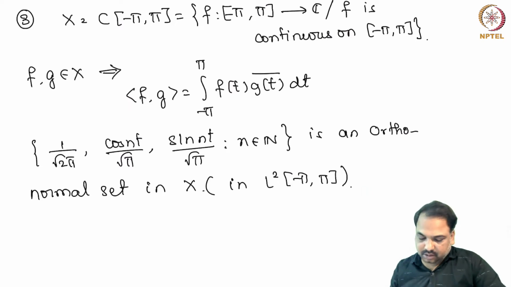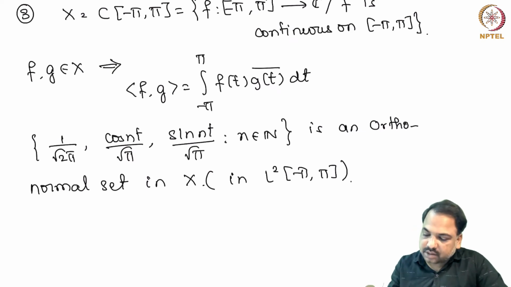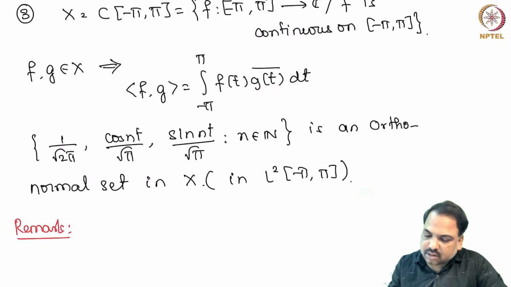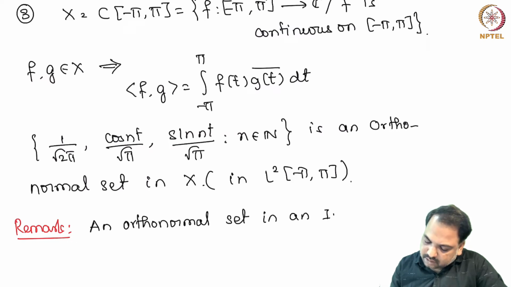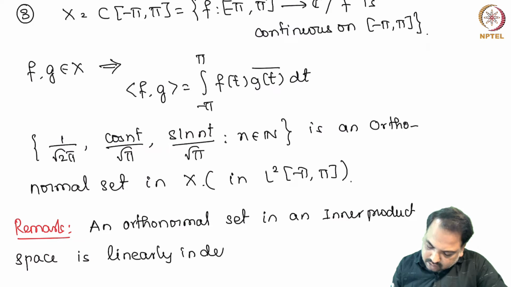Okay. So one more important observation about an orthonormal set in general is that it is linearly independent. So let me write it as a remark. An orthonormal set in an inner product space is linearly independent.